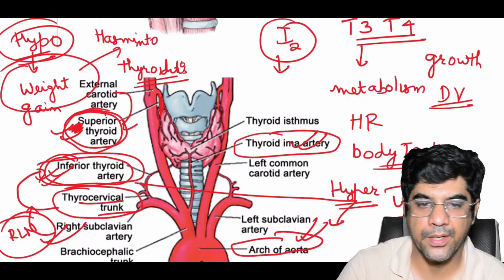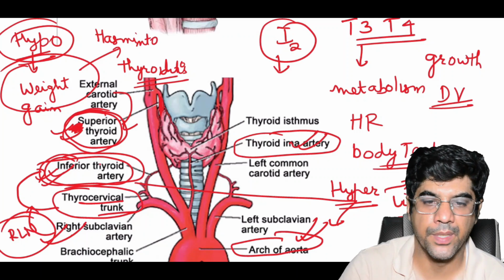Now for the surgical part, you have to remember that due to the anatomical position of the superior thyroid artery and its branching pattern, the ligation is preferred at the upper pole during thyroid surgery, whereas the inferior thyroid artery has multiple branches and lies close to the recurrent laryngeal nerve, so careful dissection must be done in order to avoid damage to the nerve.